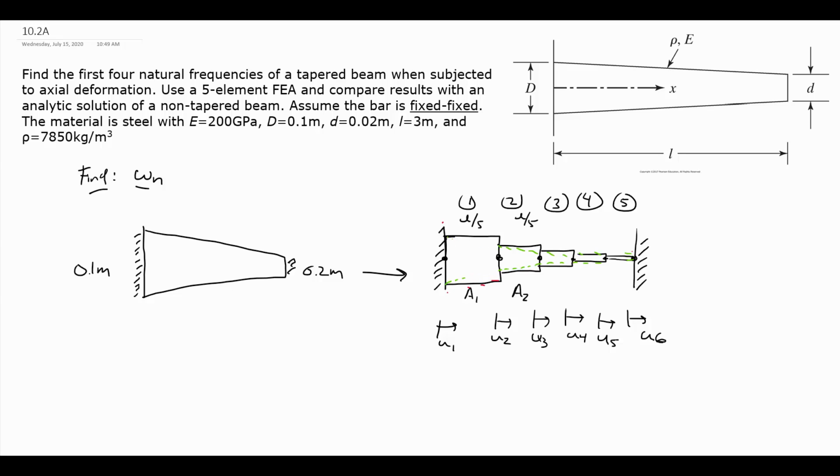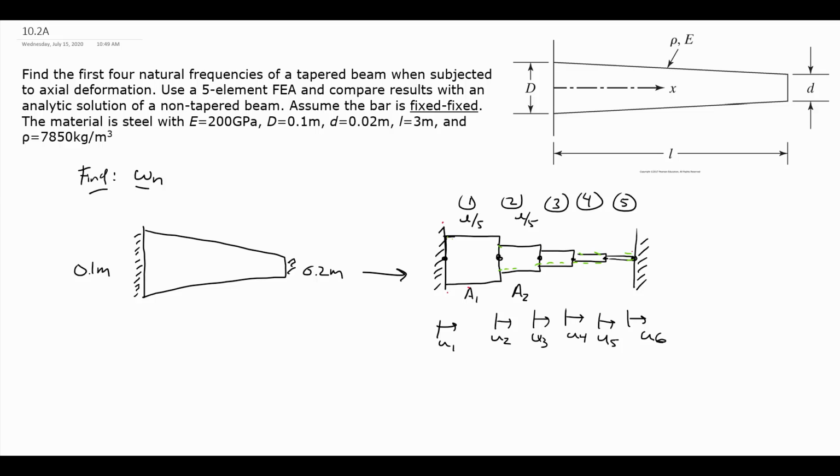I am going to use the average of the left diameter and the right diameter to approximate the diameter of each of these elements. And again, all 3 of these will converge to the same results if we use enough elements, but using the average is probably going to converge a little bit quicker. But no matter what we do with only 5 elements, we're going to see the answer is not very good.